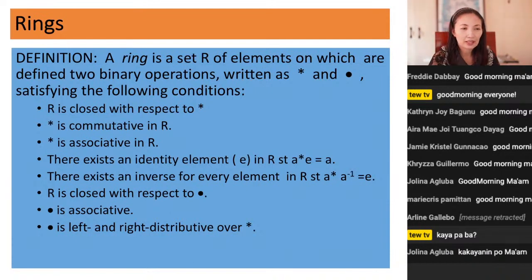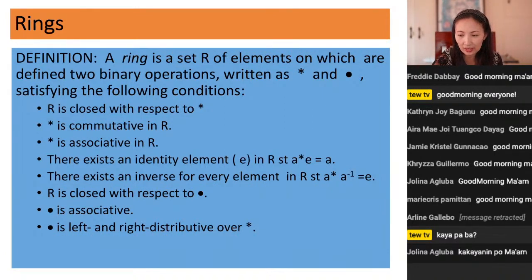Rings. So, here is another algebraic structure called rings. The difference of a ring from groups is that a ring has two operations. In groups, there is only one operation. Let's look. A ring is defined as a set R of elements on which are defined two binary operations.